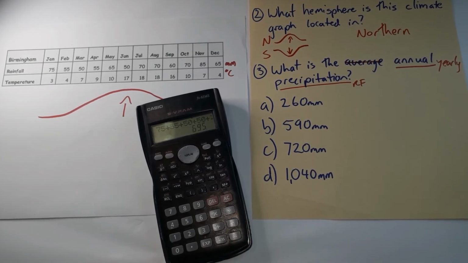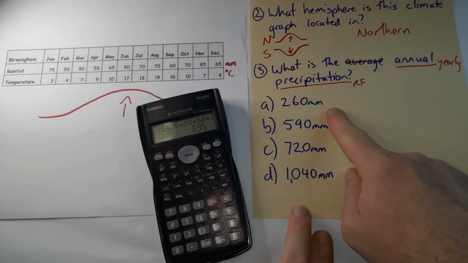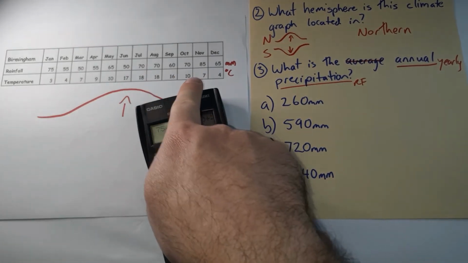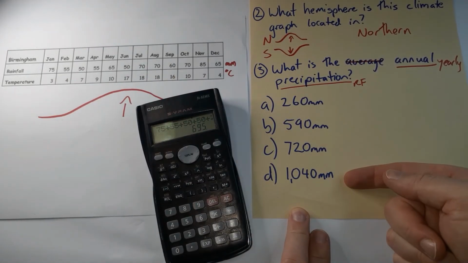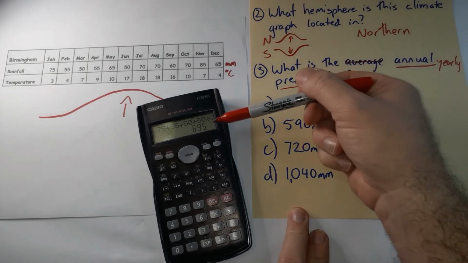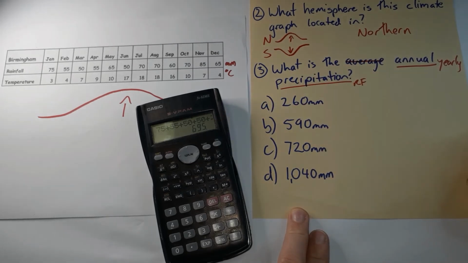By adding them together, I've not come up with one of the answers. That's probably because I may have put in a number wrong, or the person who wrote these questions, which was probably me, added them up wrong. But the great thing is I'm really close to one of these answers.